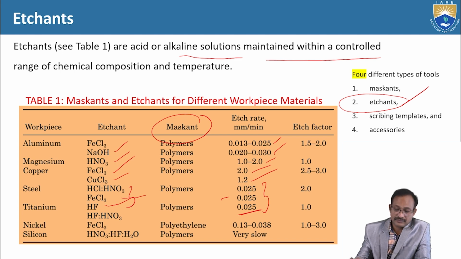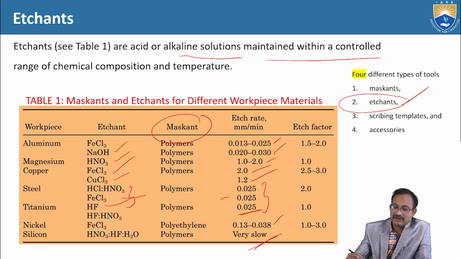Again, for the nickel workpiece material and FeCl3 as the etchant, the etch rate is 0.13 to 0.038 millimeters per minute. For silicon, it is very low.